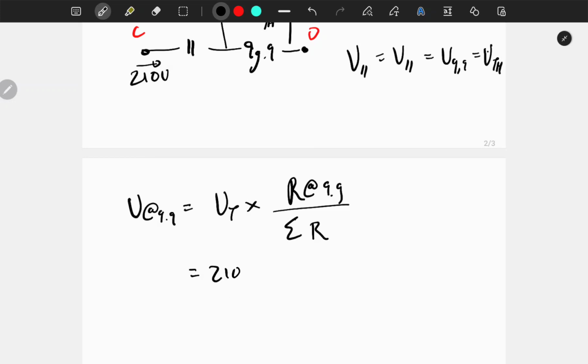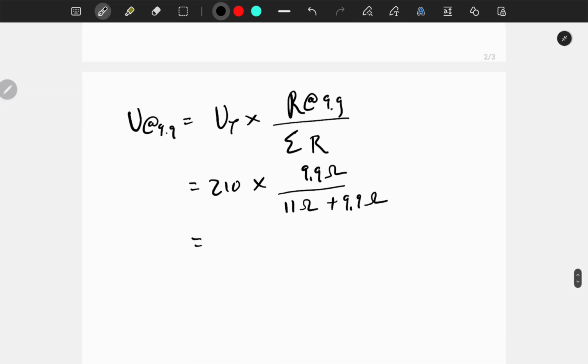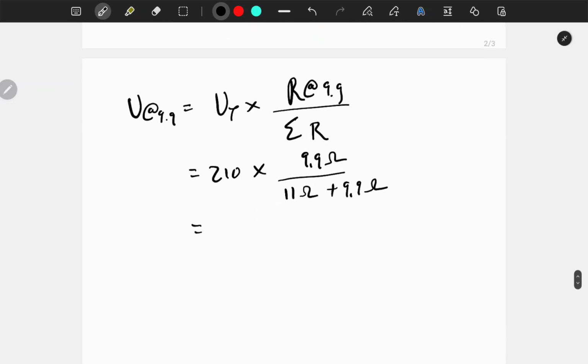So then you have 210 multiplied by 9.9 ohms over 11 ohms plus 9.9 ohms. So that there gives us a voltage of 99.47 volts. So the voltage at 9.9.